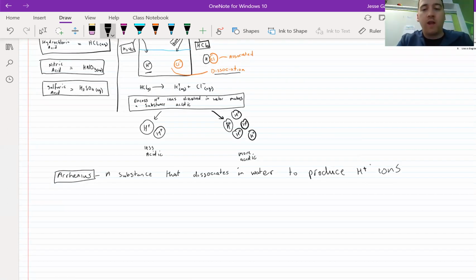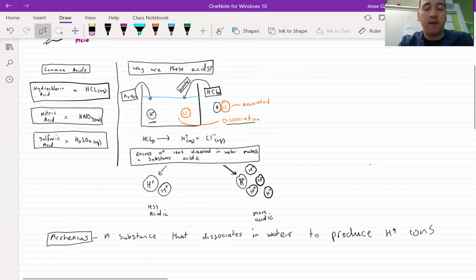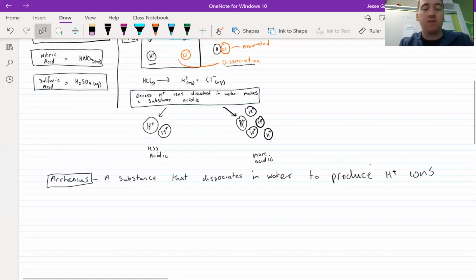So there's nothing new there, okay? That's what we've kind of already learned already. That acids are substances that dissociate when you put them in water, just like what we looked at up here. They split up and they produce these H plus ions. That is Arrhenius' definition of an acid, or an acid according to Arrhenius.